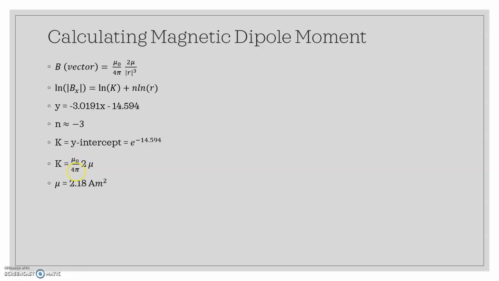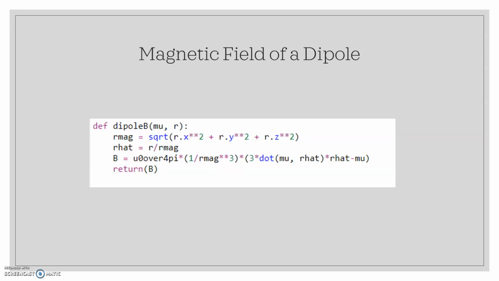Back calculating from there, we have that our magnetic dipole moment is 2.18. That was the experimental magnetic dipole moment. Now, getting into the coding side of things, here is my code for the magnetic field of a dipole. Pretty easy. We were given this equation, so not much to go over there.